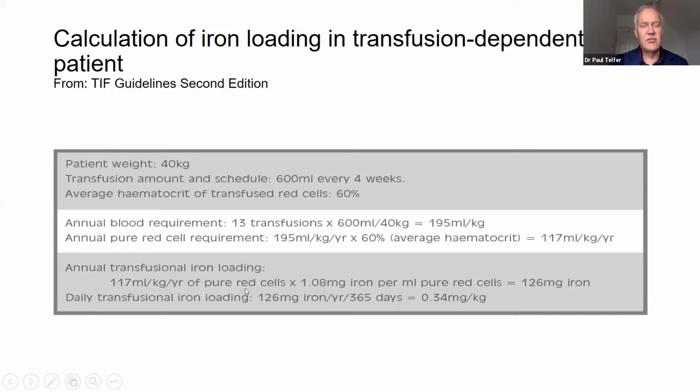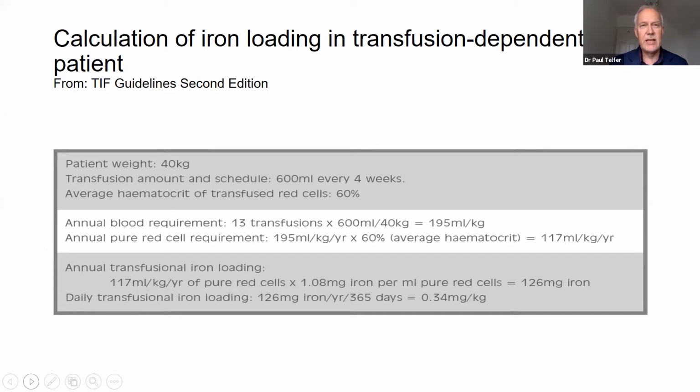And it's just a way of calculating on an annual basis how much iron is given to the patient through the transfusions. And essentially what you do is you record the volume of each transfusion. You have a knowledge of the hematocrit of the blood so that you know the volume of the pure red cells.